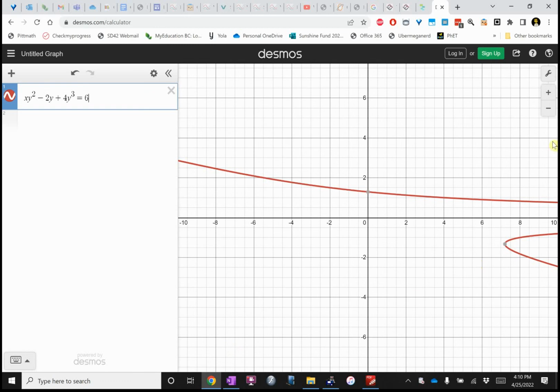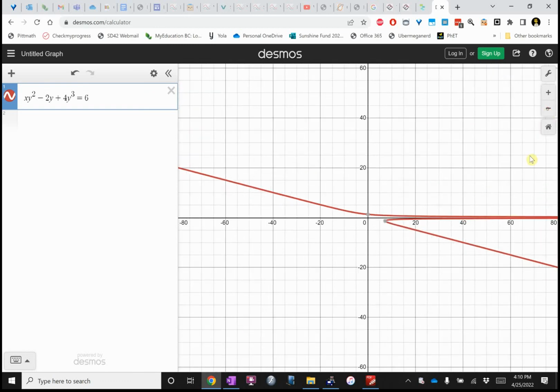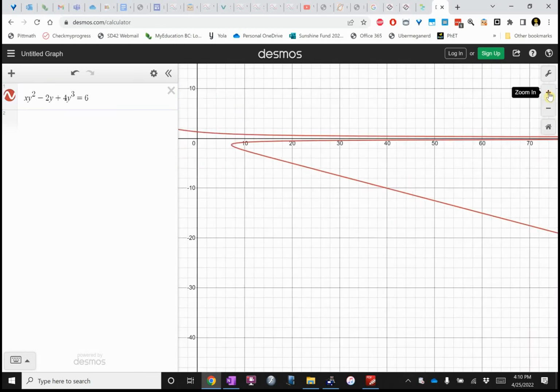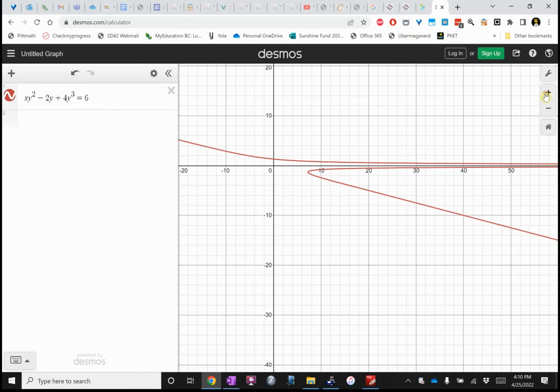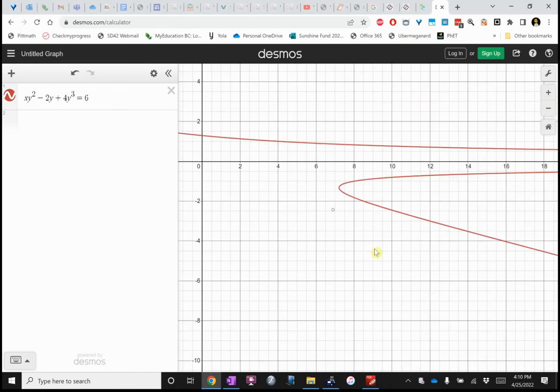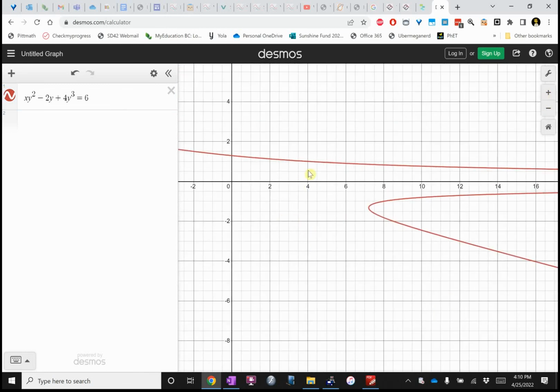Okay, funky little graph. Now, we first of all said that it went through 4, 1. Does it go through 4, 1? You're seeing it flash. It does. So that's good.